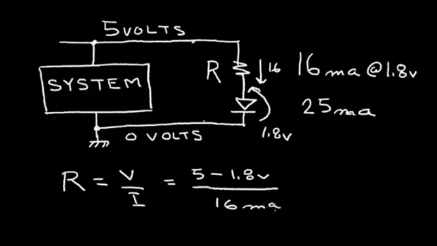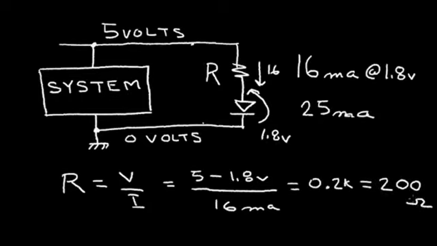Now when I use volts and milliamps, the result comes out in K. So this comes out 0.2 K ohms, or 200 ohms. So if I use 200 ohms in this circuit and my power is on, I have 5 volts across this network, I'll have approximately 16 milliamps flowing in the resistor and through my LED.